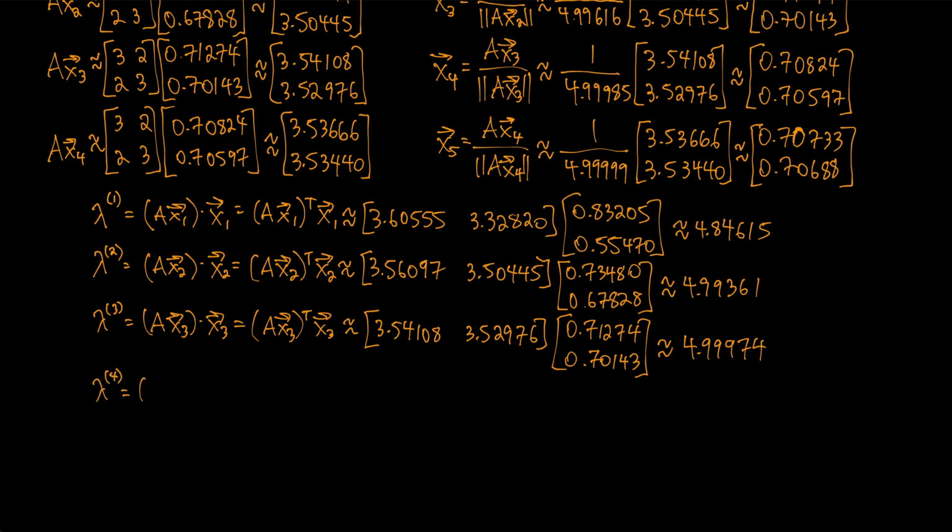And our lambda 4. So that's Ax4 dotted with x4. We'll write that as Ax4 transpose x4.